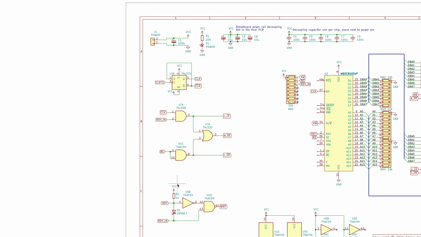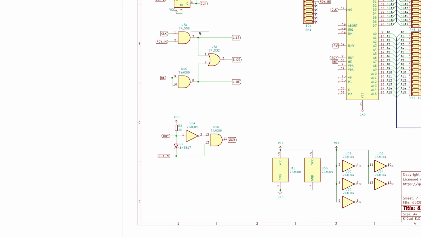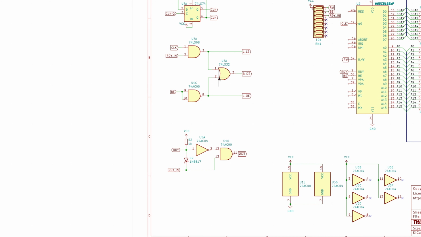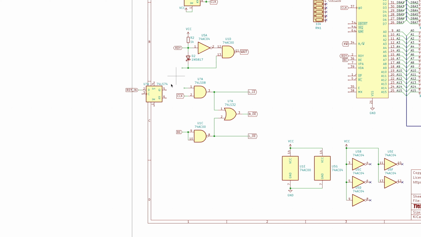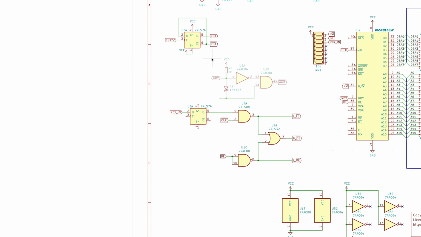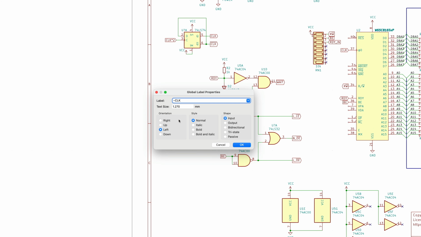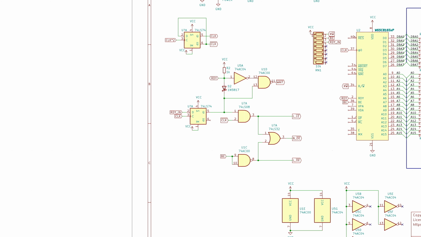Okay, so this is the new control logic. Now we just have to add the flip-flop on the ready input. Okay, so this is a flip-flop added on the ready input and connected to the previous ready circuit.